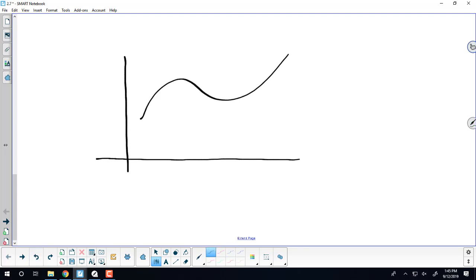So whatever, we have some function f of x. Let's say this is a. And the function could exist at a, it might not. So let's just say it does at a.